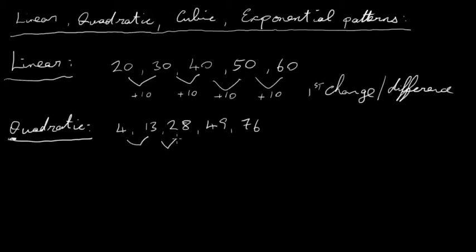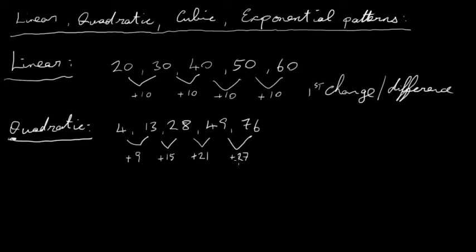The difference between 4 and 13 is plus 9. The difference between 13 and 28, we're going to add 15. The difference between 28 and 49, we're going to add 21. And the difference between 49 and 76, we're going to add 27.